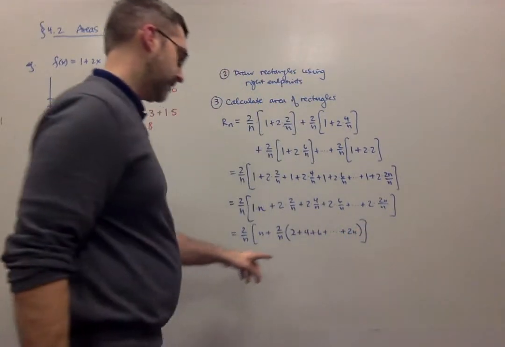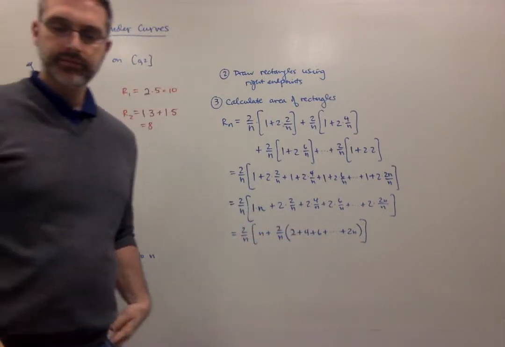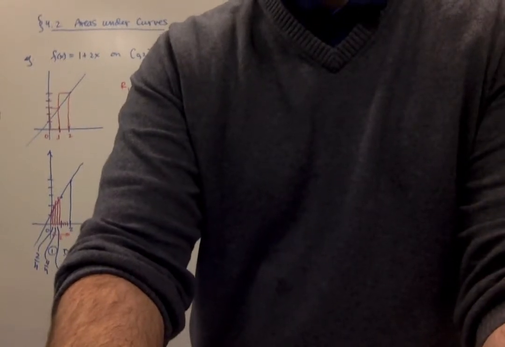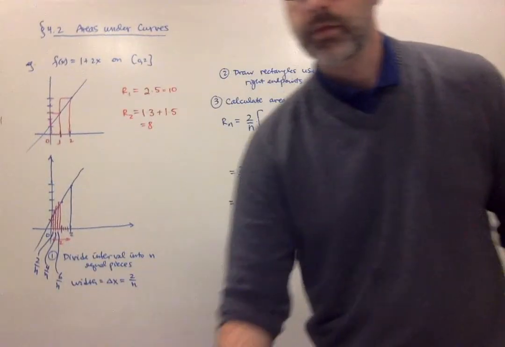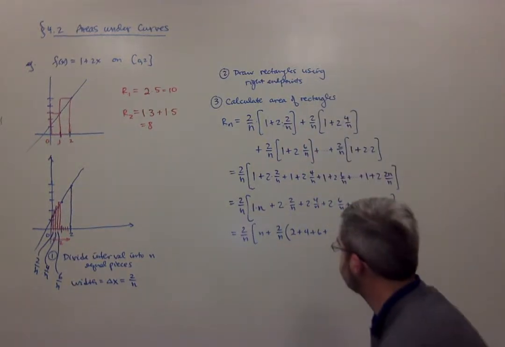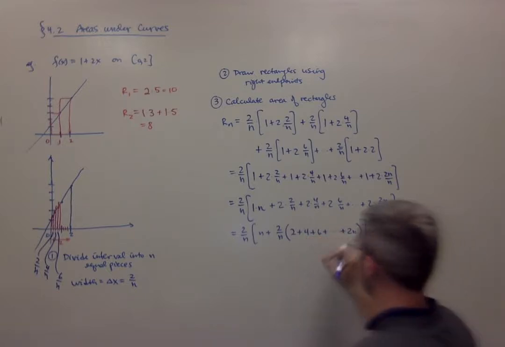Do you see a pattern going on there? What's the pattern? These are all even numbers. It's 2 times 1, 2 times 2, 2 times 3. Let's rewrite that just for a second.